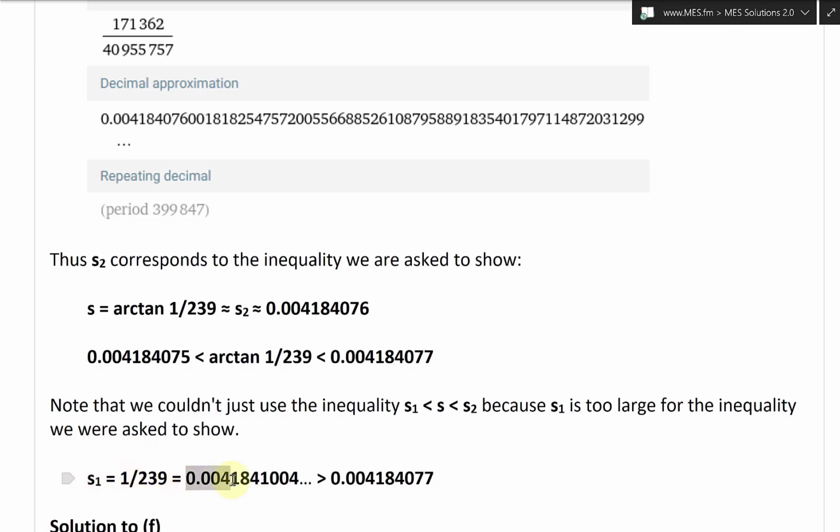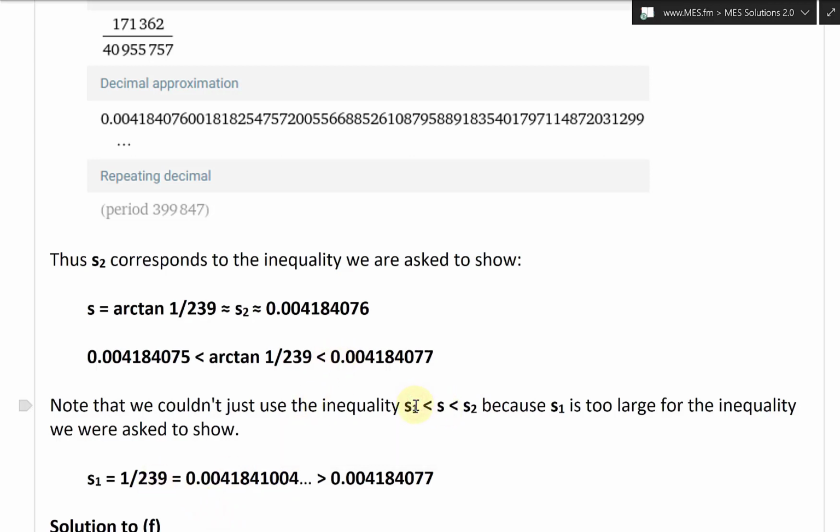Put that in Wolfram Alpha and you get 0.004184104. But this is greater than the one we're asked to show, 0.004184077, because notice the 1 here. This one is 41, so this is greater than that.